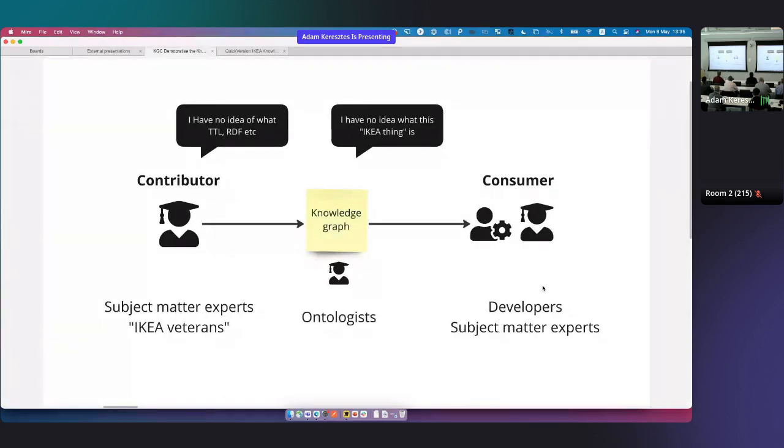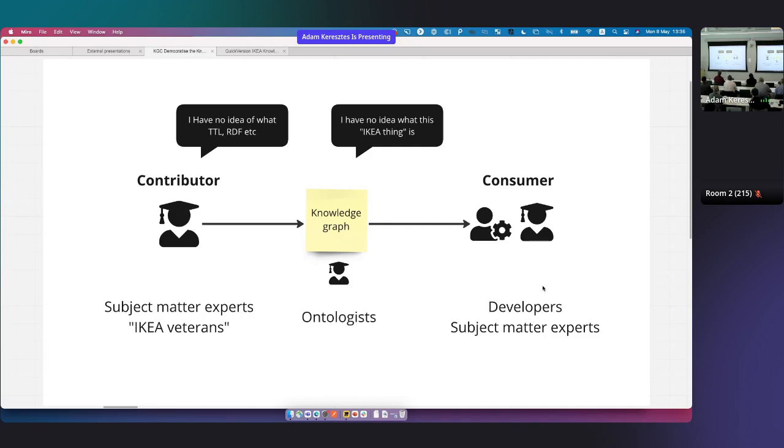To give some more context, our contributors to the knowledge graph are people who have no idea what a TTL file is, what RDF is, what reasoning is. But these are the subject matter experts, the IKEA veterans who have been with IKEA for 5, 10, 20, 30 years even, who hold the key knowledge within the company.